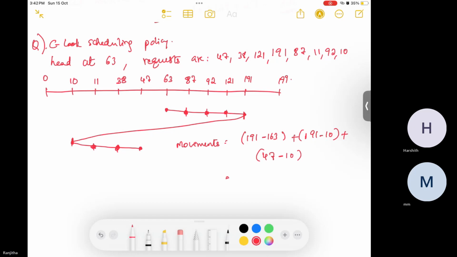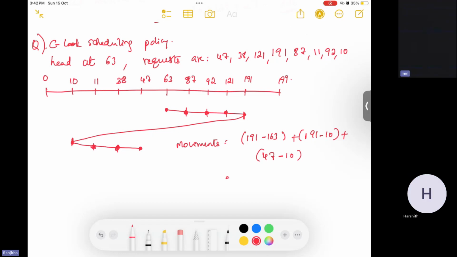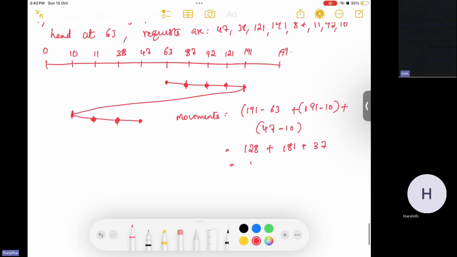That is 128 plus 181 plus 37, which is equal to 346. So we have a total of 346 head movements.